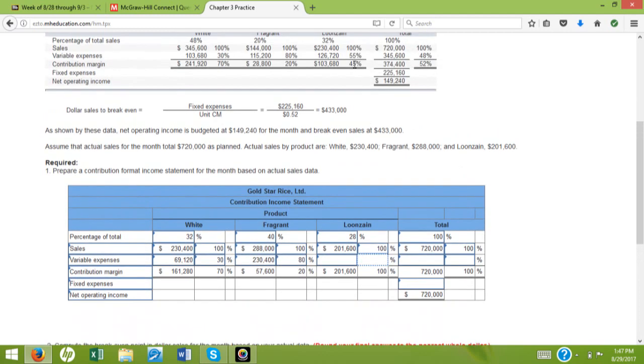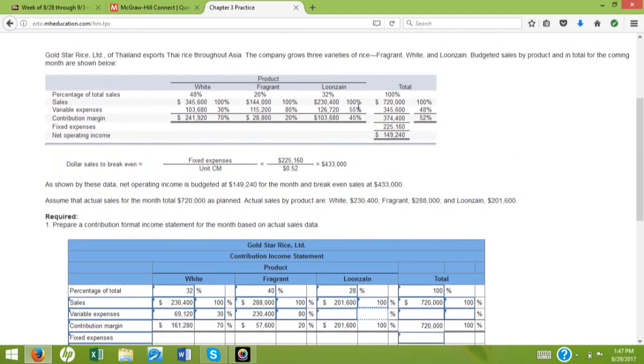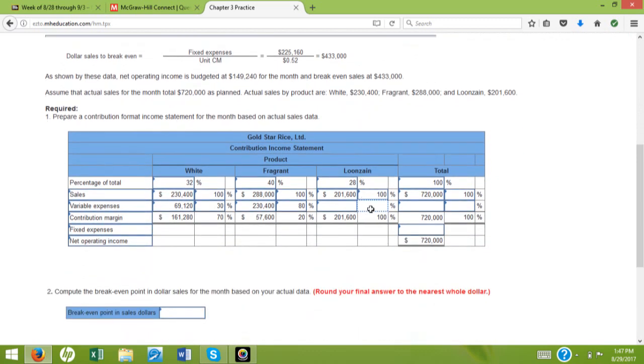And then lunzane, we're going to go back up here to our chart. It says variable expenses are 55% of sales. So we're going to multiply 55% times $201,600, which is $110,880.